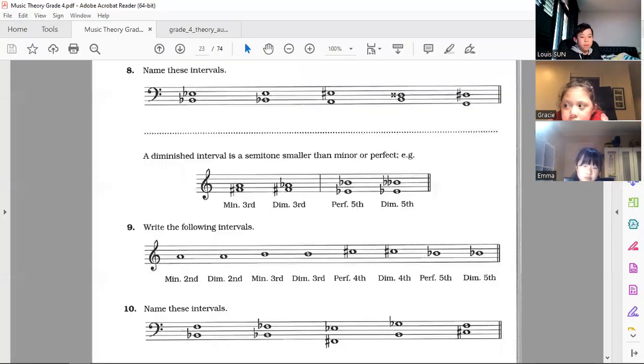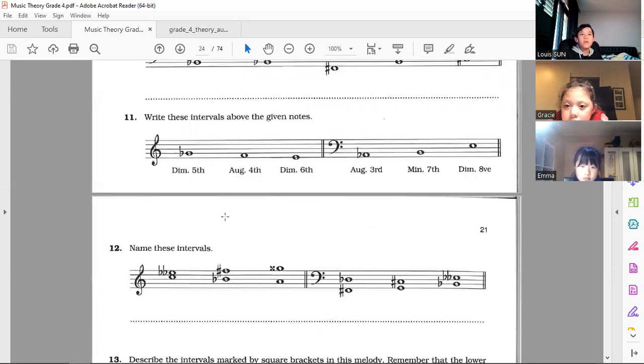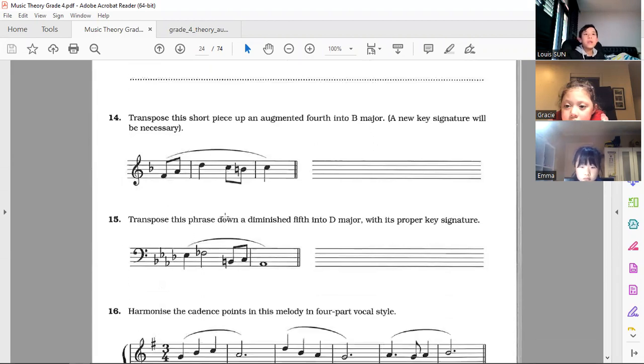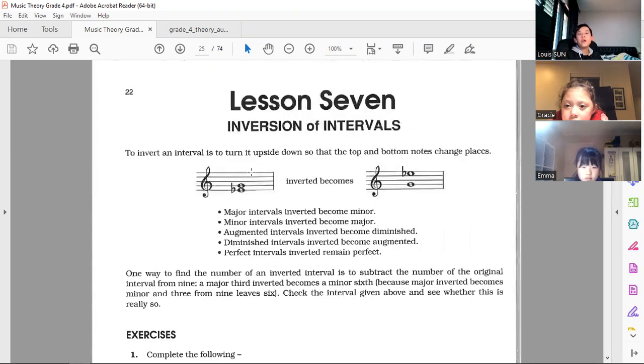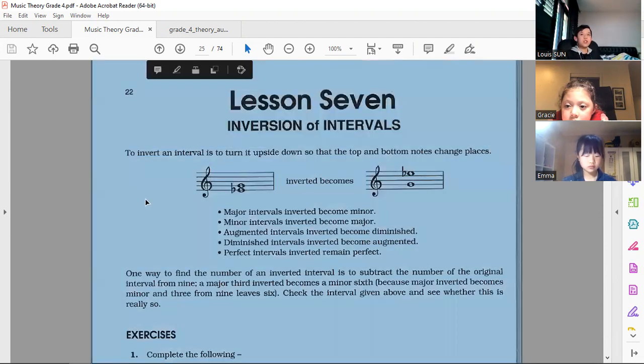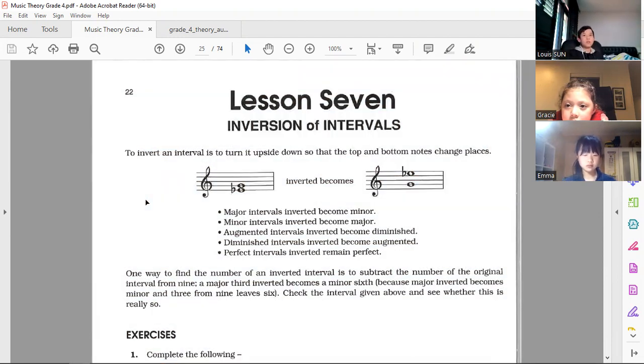So we should all remember intervals from grade 2, 3. Now we need to know how to invert an interval. So what does it mean to invert an interval? It means you turn it upside down so that the top and bottom notes switch places.